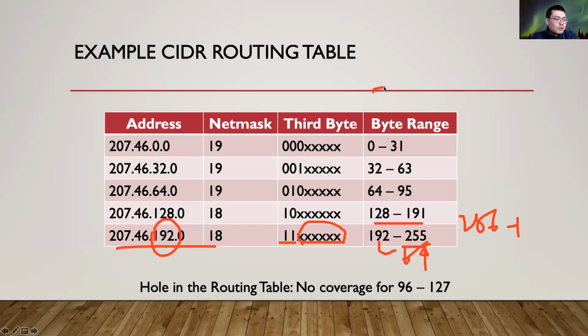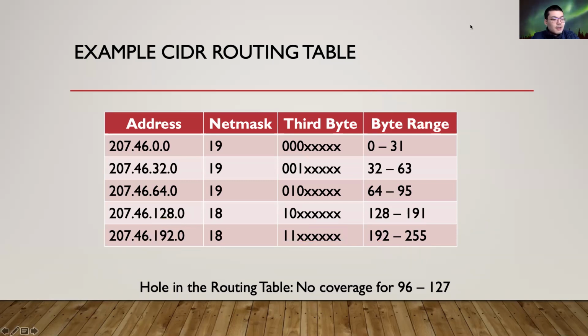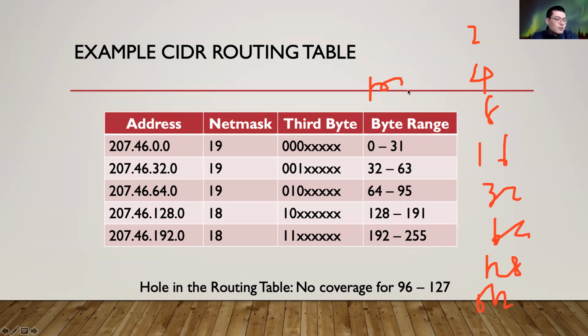This is really 2 to the power of something. You need to be familiar with it. 2 to the power 1 is 2, then 4, 8, 16, 32, 64, 128, 256, 512, and 1024. Maybe 2048 and 4096.